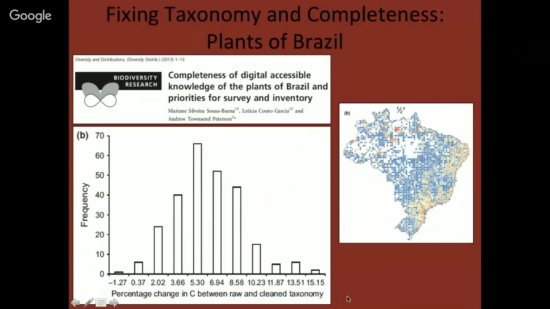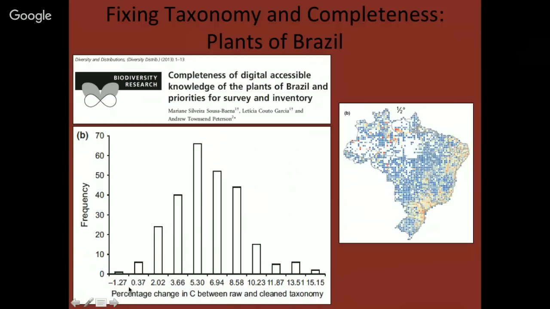But we cleaned up the taxonomy, as one step of getting ready to do this study. And so this lower left plot shows you the percentage change in completeness between the raw taxonomy and the clean taxonomy. And it's just a frequency histogram.